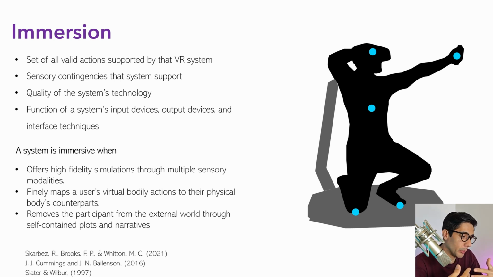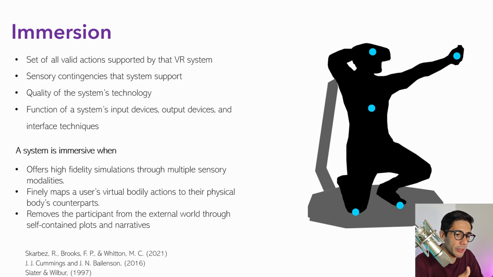At the same time, if this system maps users' virtual bodily actions to their physical body counterparts, or allows the participant to transfer from the external world to this self-contained plot or narrative, or to this virtual world, then we will say that this is an immersive system, right? Or the system contains certain levels of immersion.